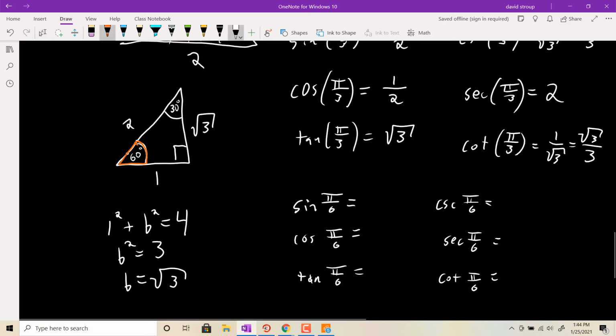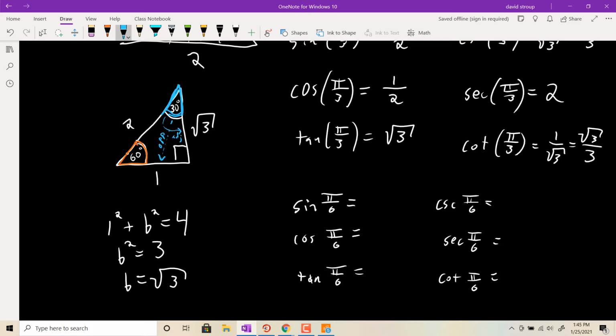It's just the angle we're playing with, I'll do in blue this time, is this 30-degree angle up top. So for sine, when you're dealing with the 30-degree angle, the opposite is 1, and then the adjacent is the root 3. So this is opposite, and then this guy here is the adjacent.